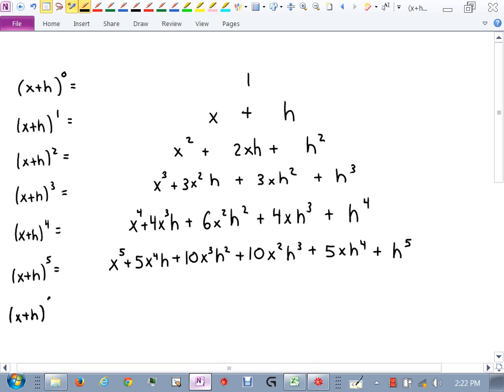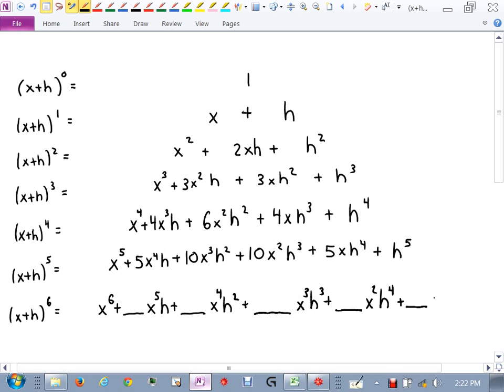So on the next line, forget the numbers in front for now. Okay, I'm going to come back to that. What can you tell me this will be for the x's and the h's? X to the 6th plus some number, right? I'm not sure what it is. X to the 5th h plus some number, x to the 4th h squared plus x to the 3rd h to the 3rd plus x squared h to the 4th, right?